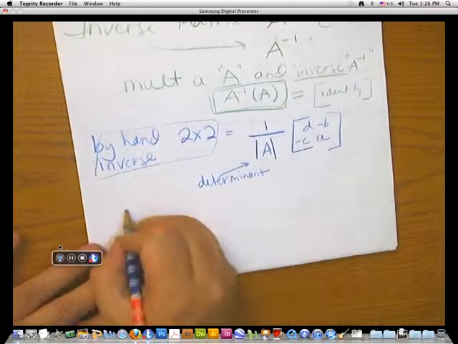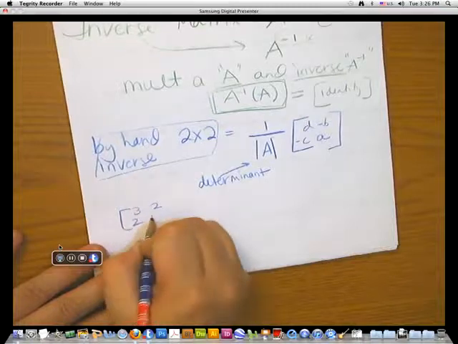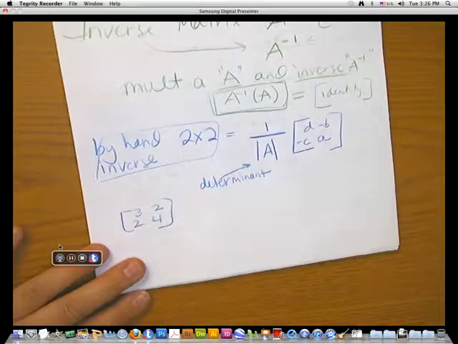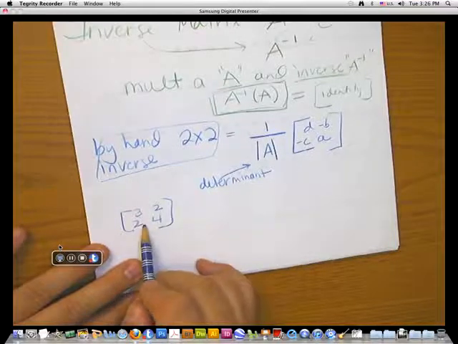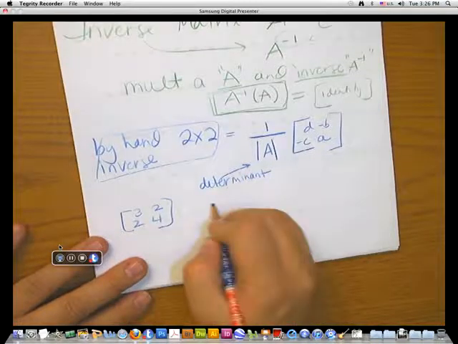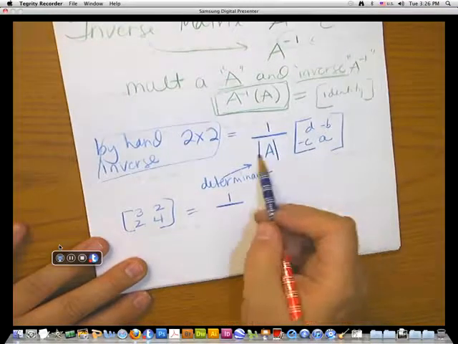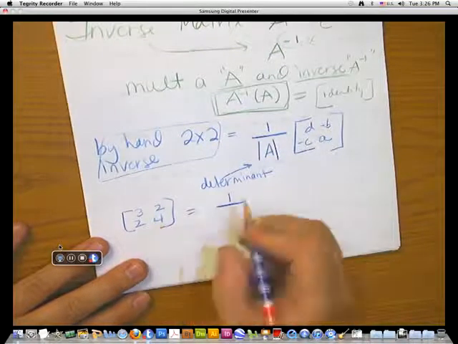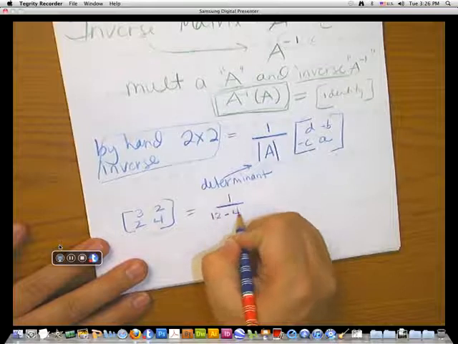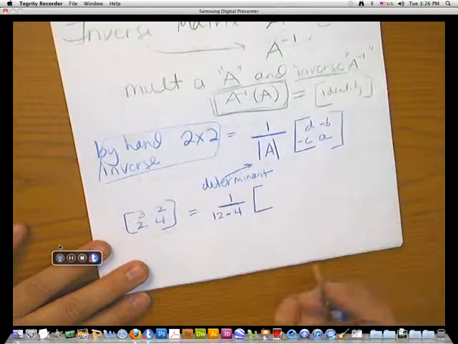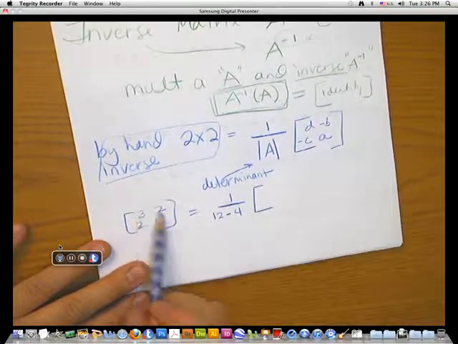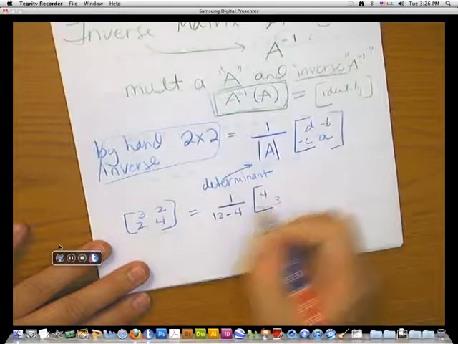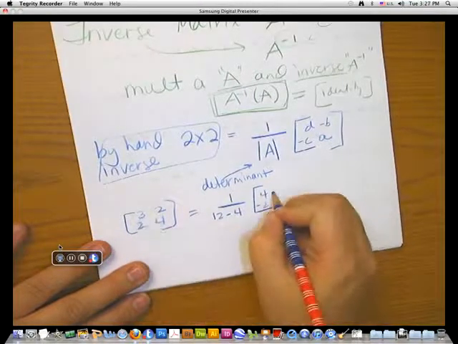So here, if I have the matrix 3, 2, and 2, 4, and you're just asked to find the inverse, what would be the matrix that I multiply to this to get the identity? I would do 1 over the determinant. The determinant is what we just did in the last one: diagonal subtract diagonal. And then I interchange my diagonal, so 4, 3, and then I switch my signs, -2, -2.